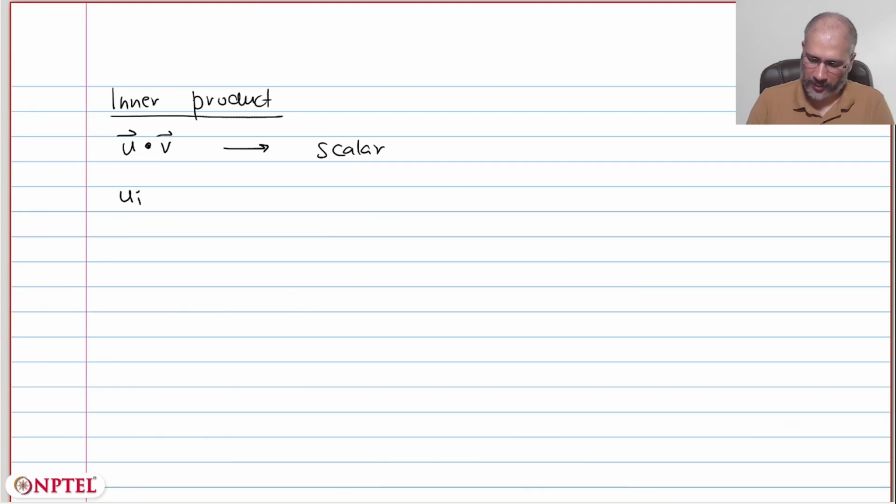If we write it in the indicial notation, this is ui vi, so this expands to u1 v1 plus u2 v2 plus u3 v3, which is just a number. So this is a scalar, and a scalar is a 0th order tensor.